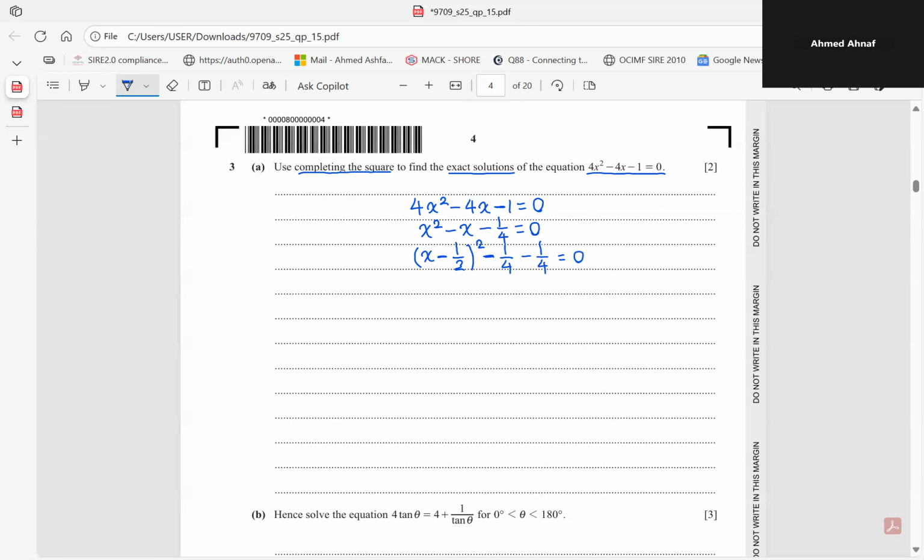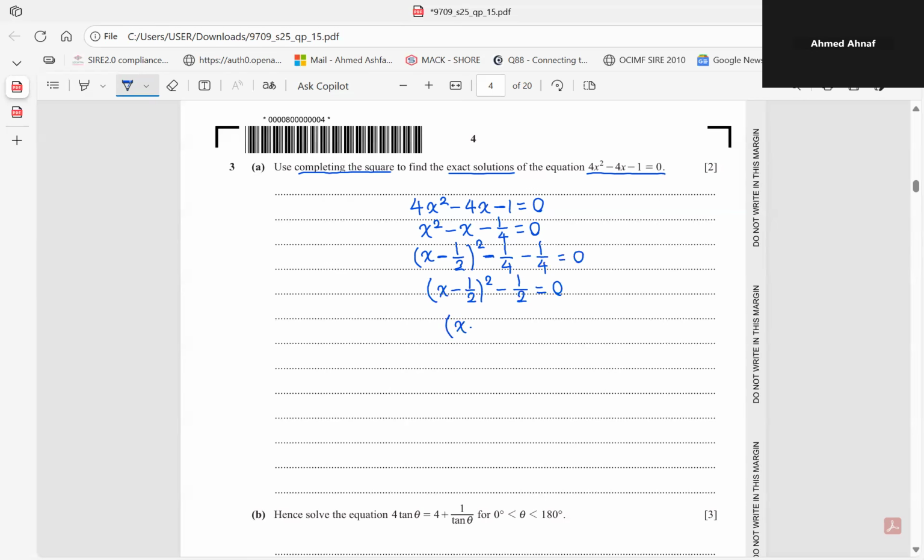Okay, let me just see if I have any mistakes in here. Okay, we're good. So let's simplify this. Minus 1 over 4 minus 1 over 4, that's minus half equals to 0.